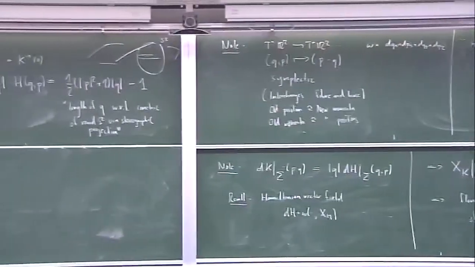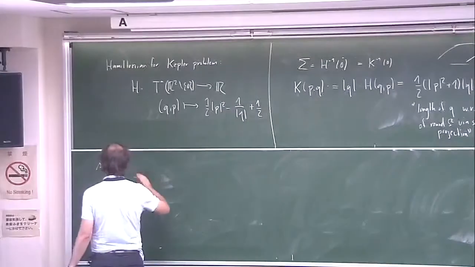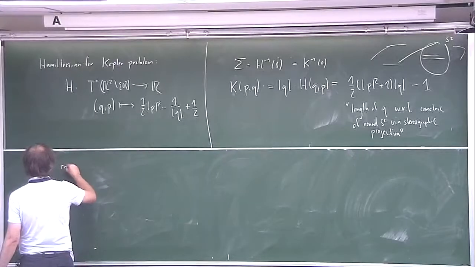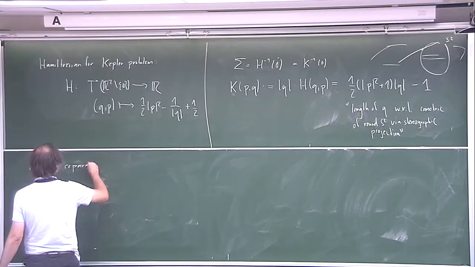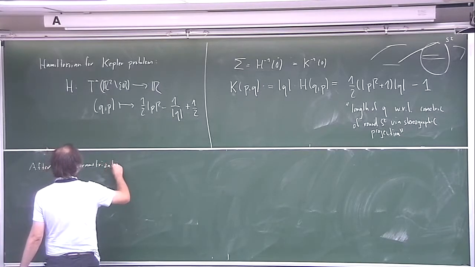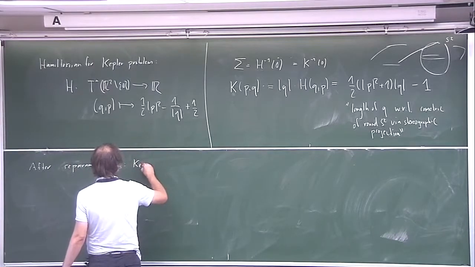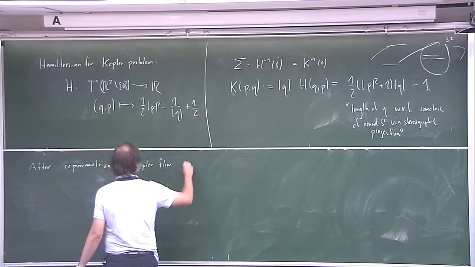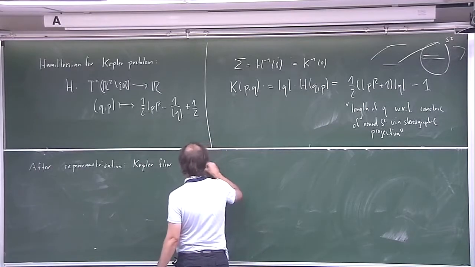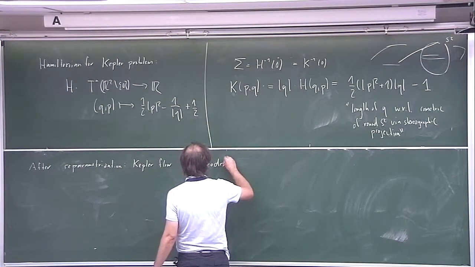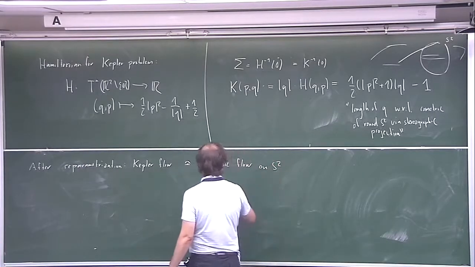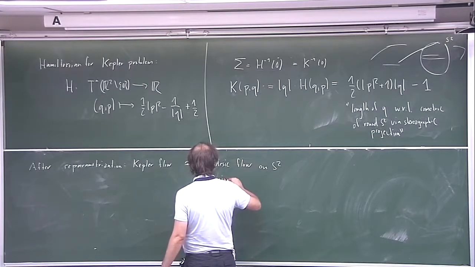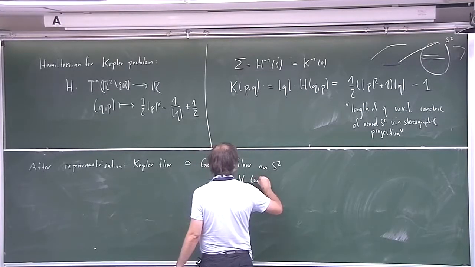So after regularization, after reparameterization, the Kepler flow corresponds to geodesic flow on S2 missing the North Pole.